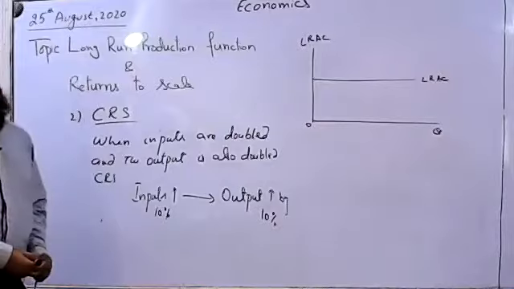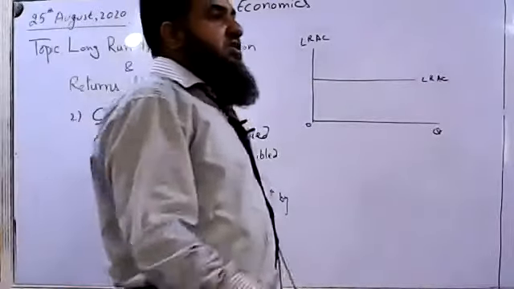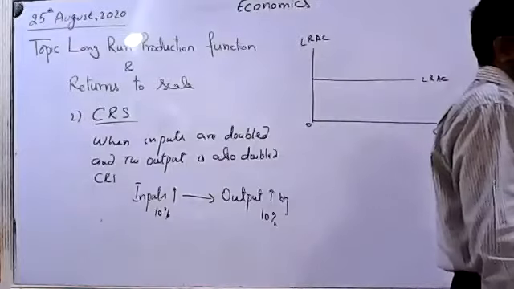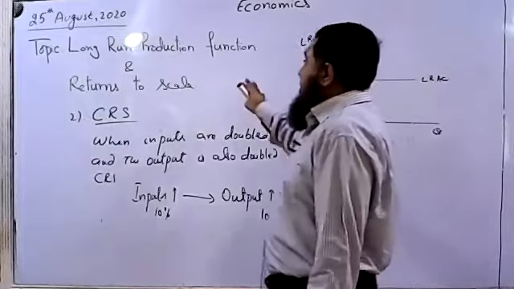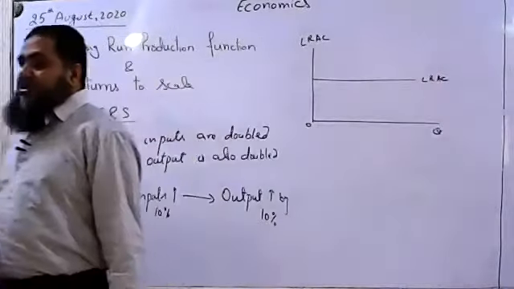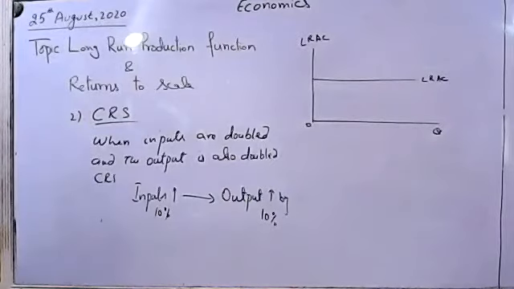Long run average cost of production remains the same as it was before the change in inputs. After changing the inputs, we say this production function in the long run has the same cost of production, and it is called constant returns to scale.